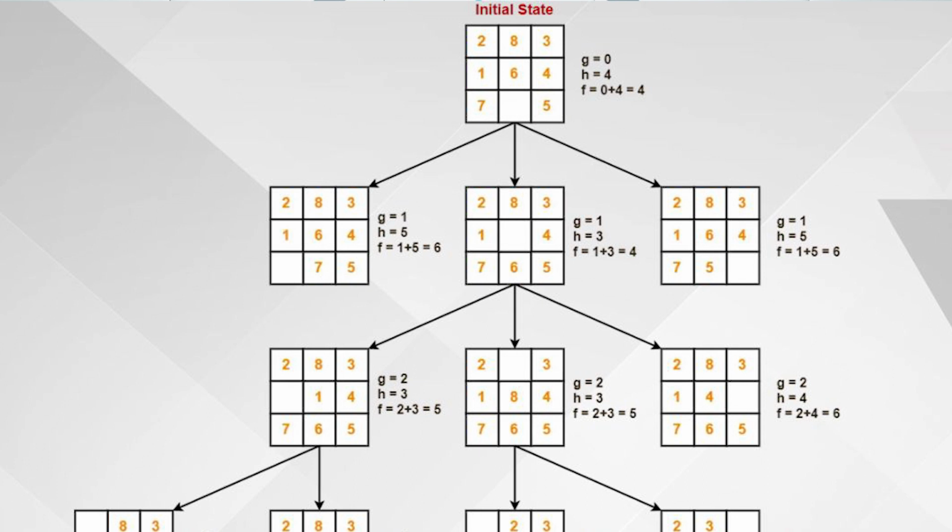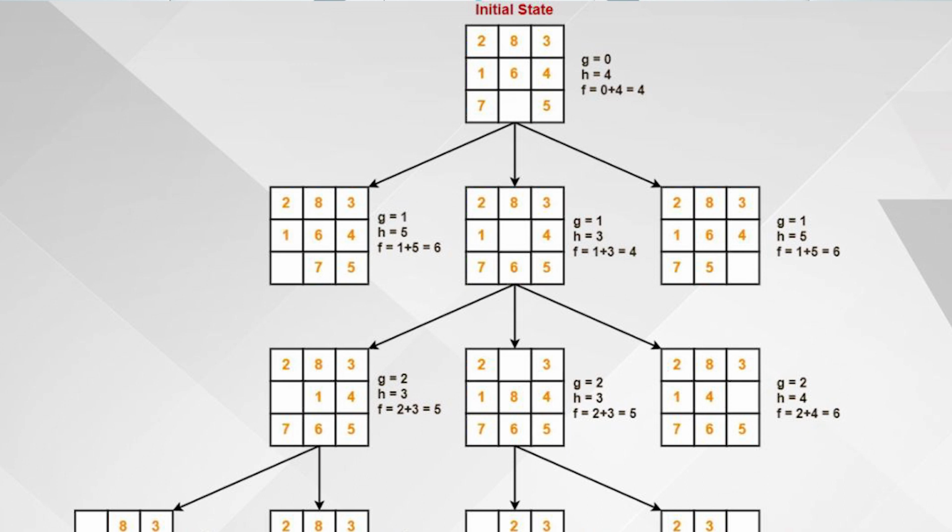Here G is equal to 1, H is equal to 3. So, F is equal to 1 plus 3, that is 4. And we have another option 2, 8, 3, 1, 6, 4, 7, 5 and blank. So, G is equal to 1, H is equal to 5. So, F is equal to 1 plus 5 is equal to 6.